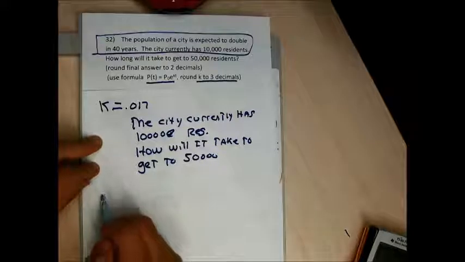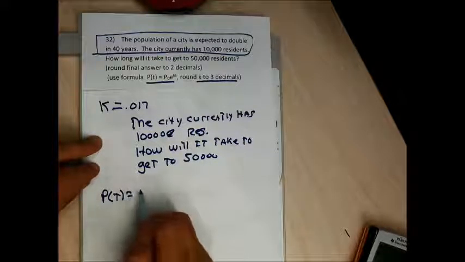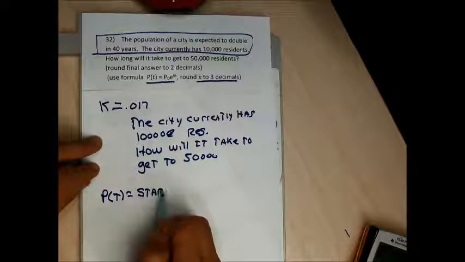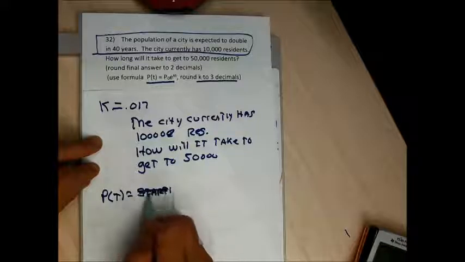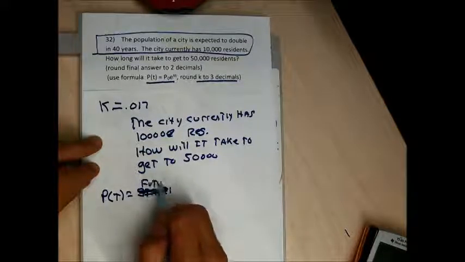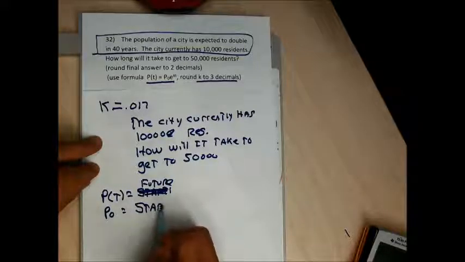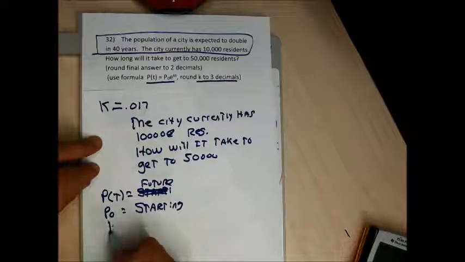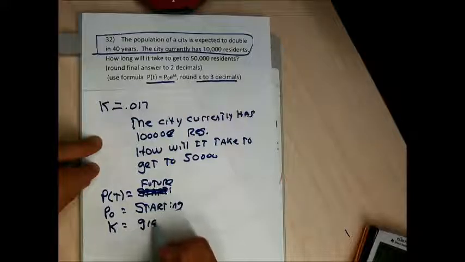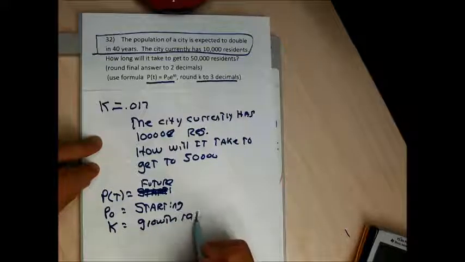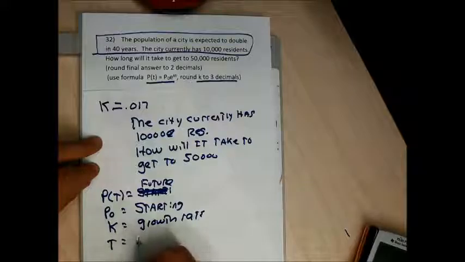I'm using the same formula. The P of t is the future amount of people. The P sub 0 is the starting amount. The k is the growth rate as a decimal, and the t is the number of years.